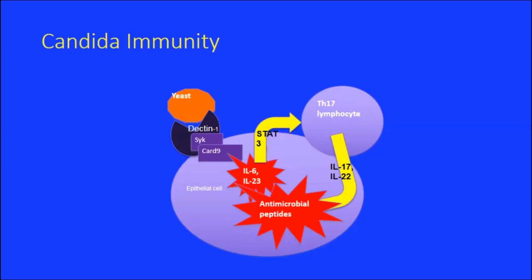And so I'm looking for the pointer. You can see here the big circle is an epithelial cell. That would be, for instance, the surface of your mouth. Your mouth is lined with epithelial cells, which are like skin cells. And then the little circle to the right up there is a Th lymphocyte, one of the T lymphocytes.